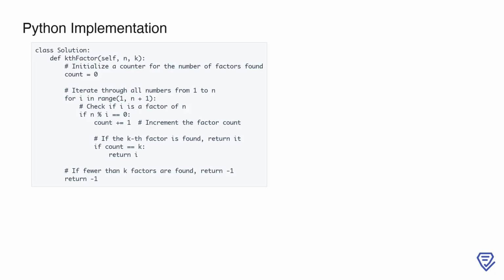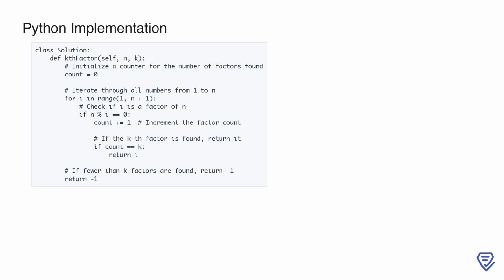The if statement checks whether the current number i is a factor of n by evaluating n%i equals 0. If the condition is true, the counter count is incremented by 1. The second if statement checks whether the current factor is the kth factor by comparing count to k. If count equals k, the function immediately returns the current factor i.